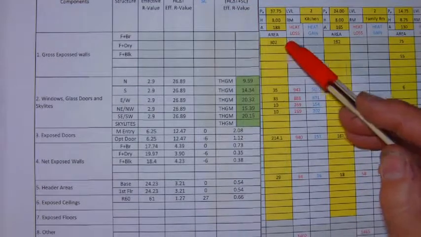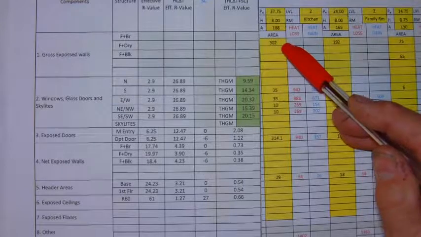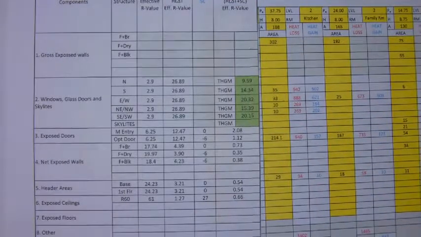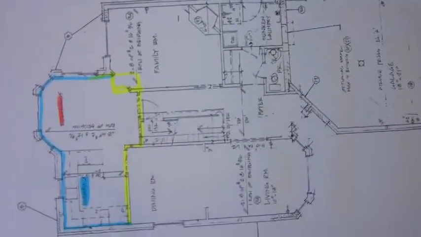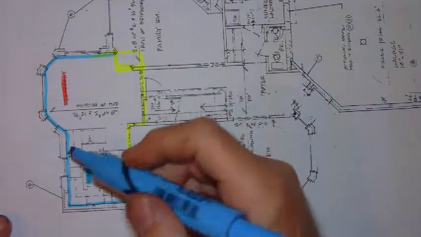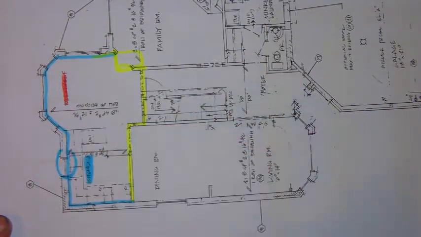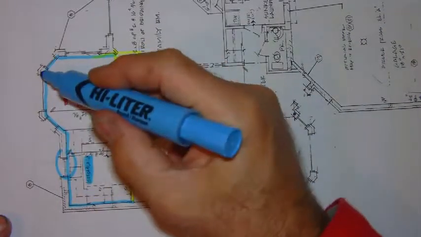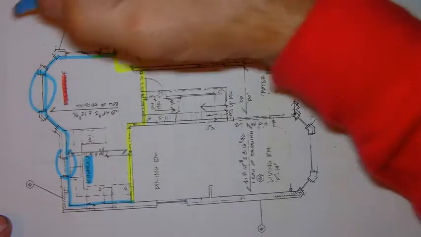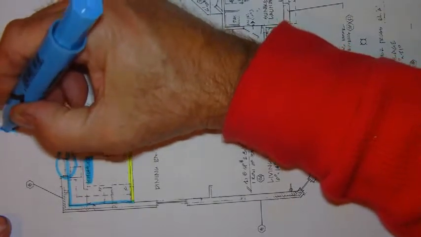Now that you've found your gross wall area, you need to determine the area of any windows and or doors. In the case of the kitchen, we actually have several windows. We have a window here over the sink, and we've got a large window facing towards the back. The front of our house is west, and so the back of the house is east.